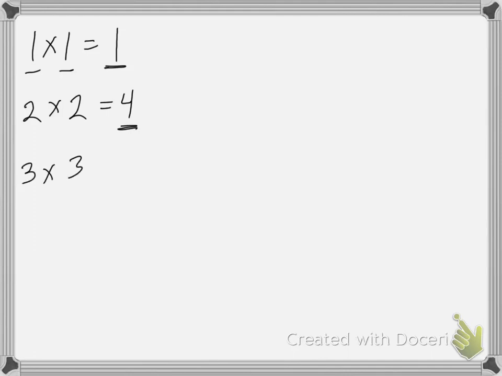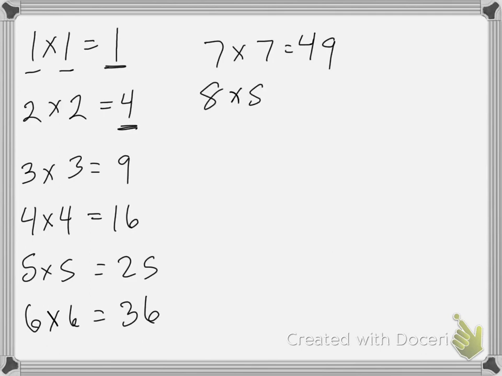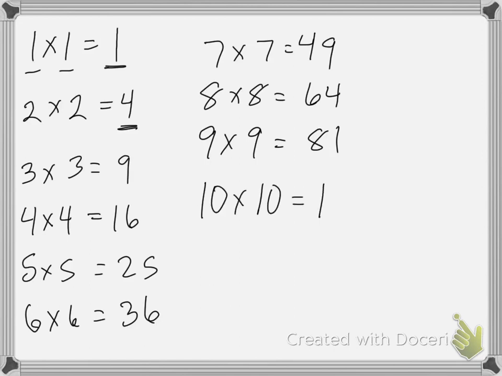3 times 3 is 9. 4 times 4 is 16. 5 times 5 is 25. 6 times 6 is 36. 7 times 7 is 49. 8 times 8 is 64. 9 times 9 is 81. 10 times 10 is 100. 11 times 11 is 121.